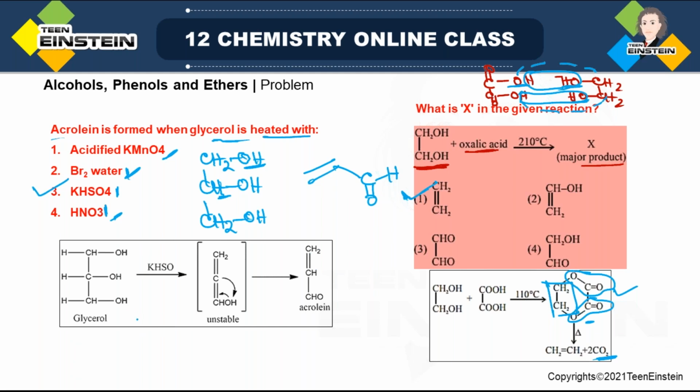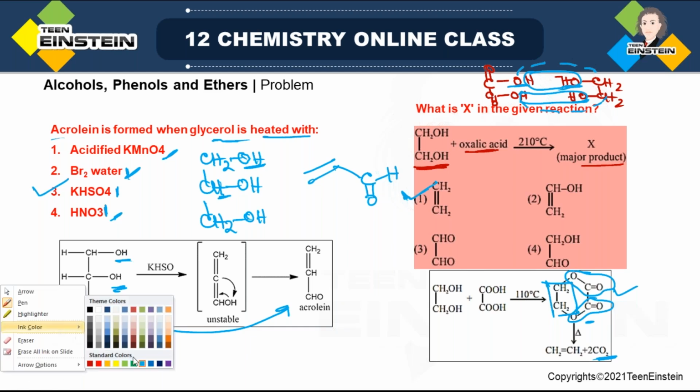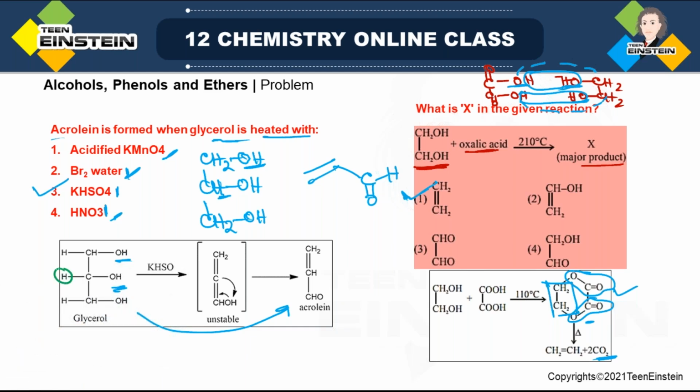So directly, if you consider the conversion of glycerol to acrolein, it is as if there is removal of 2 OH groups and then oxidation of CH2OH. But remember, as we are calling it dehydration, first there is removal of H and OH. That means removal of a water molecule, and also this H and OH. So as if you are getting 2 C=C double bonds.